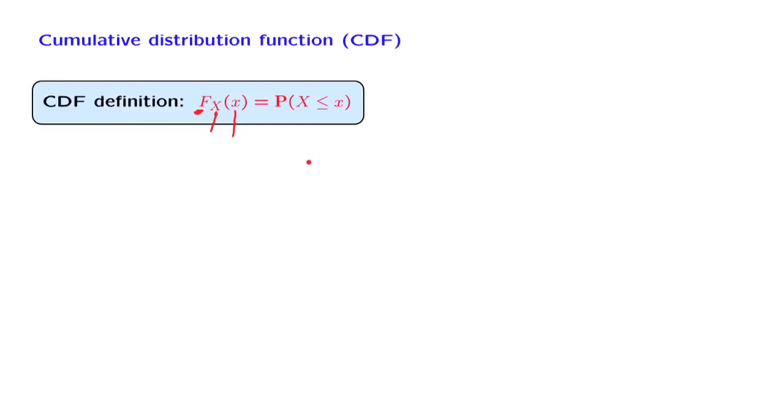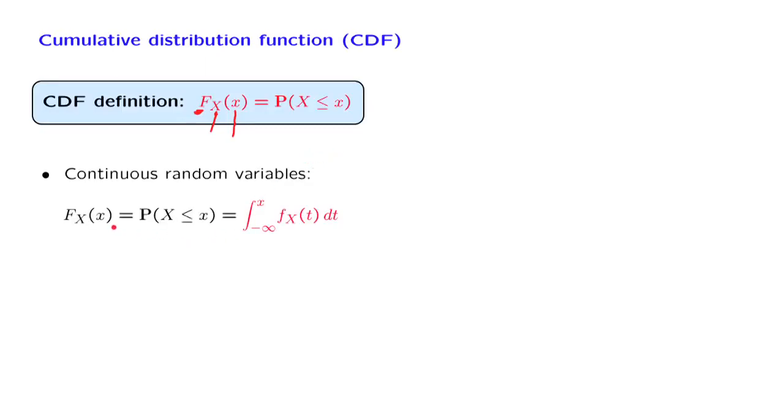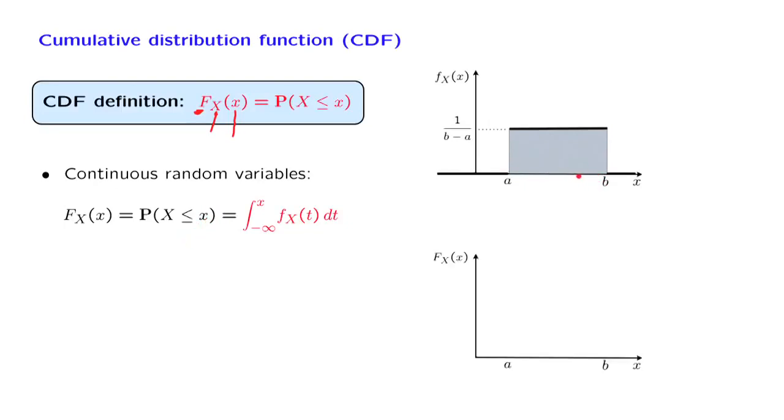So in particular, if x is a continuous random variable, the probability that x is less than or equal to a certain number is just the integral of the PDF over that range from minus infinity up to that number. As a more concrete example, let us consider a uniform random variable that ranges between a and b, and let us try to plot the corresponding CDF. The CDF is a function of little x, and the form that it takes depends on what kind of x we're talking about.